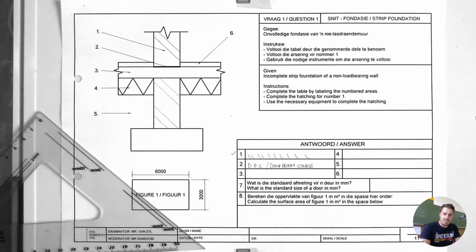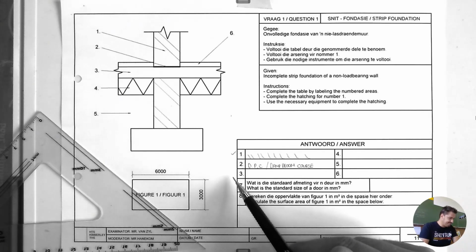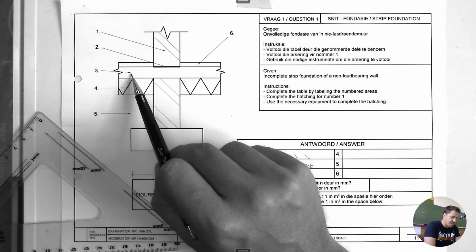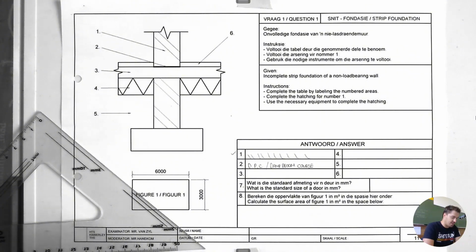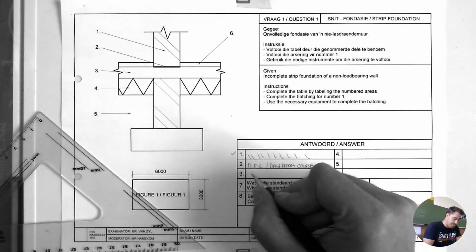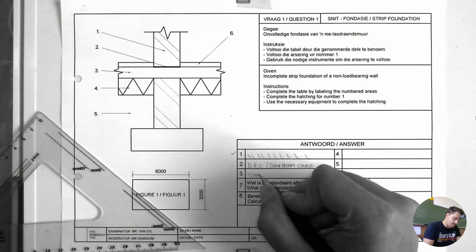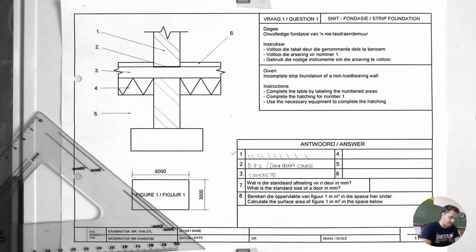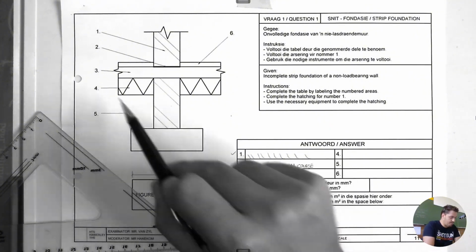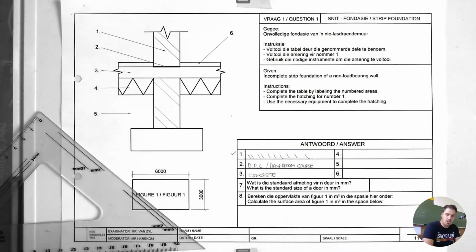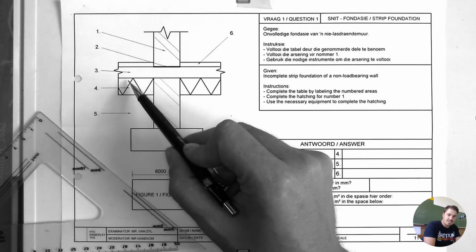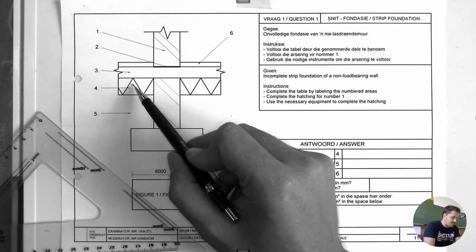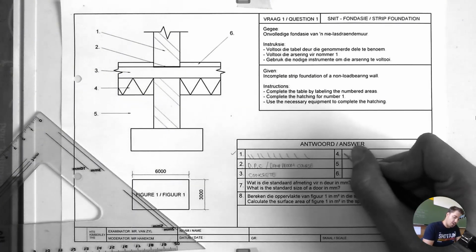That's what DPC stands for. Number 3 is a concrete slab. You can just write concrete as well, concrete or concrete slab. Number 4 indicates hardcore filling. That is the compacted earth just underneath the slab. So that's hardcore filling.